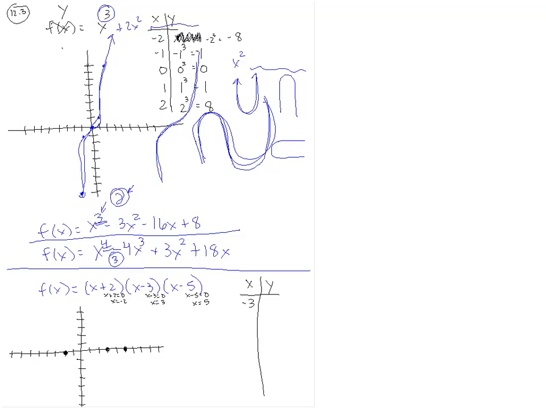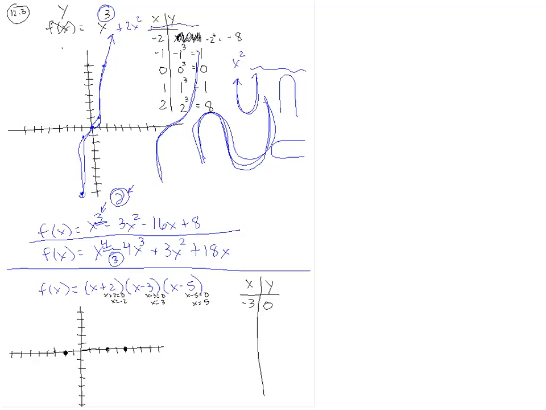When x is negative 3, what's y? Is it down below, meaning it's coming up, or is it up above, meaning it's coming down? Now, I also need to know what it's doing between negative 2 and positive 3. So the easiest number to plug in would be 0.